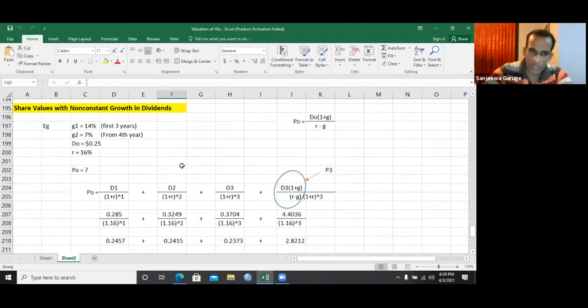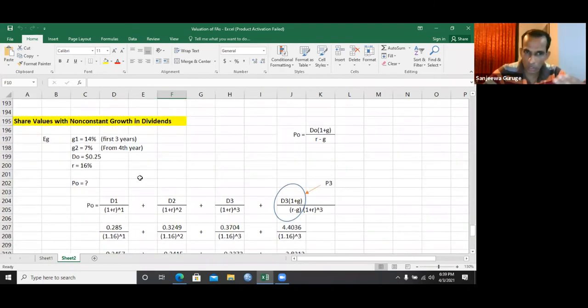We discussed one example last day, according to which constant growth starts from the fourth year. The principle is: if the constant growth starts from a particular period, we apply the constant growth model to that year, and we get the price at the beginning of that period.